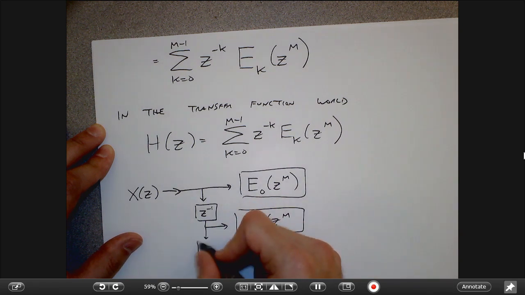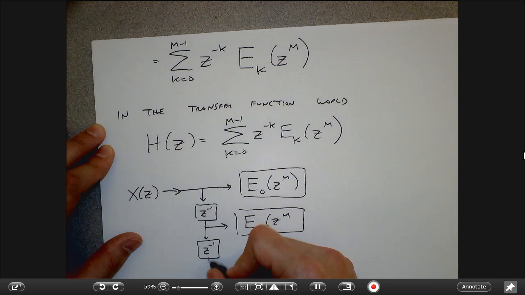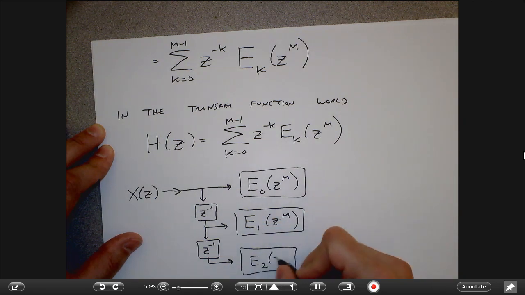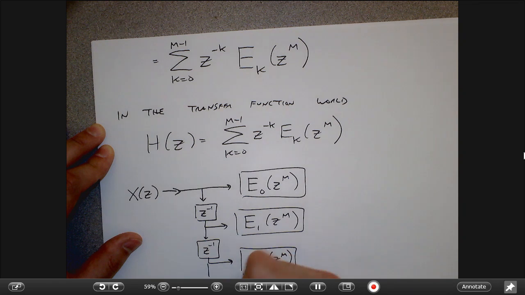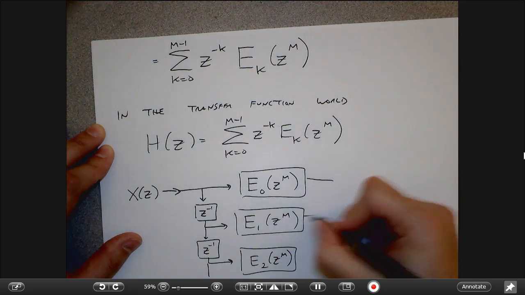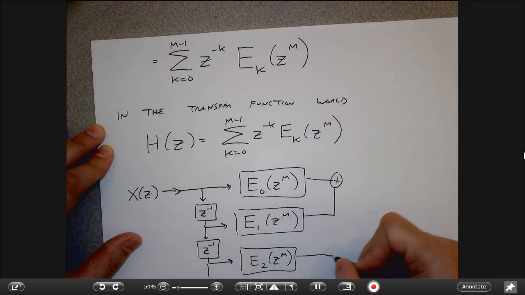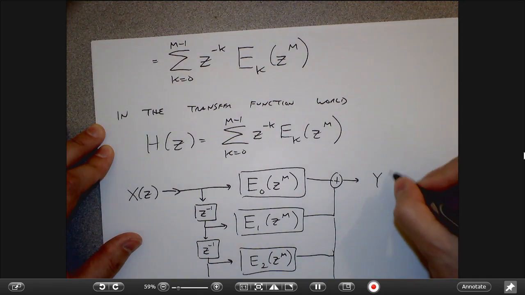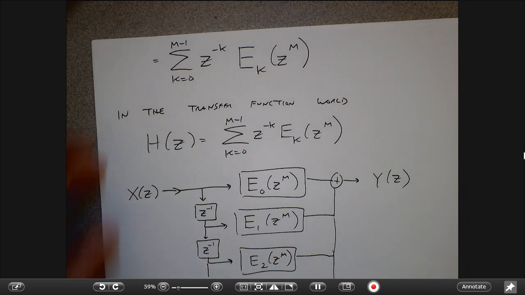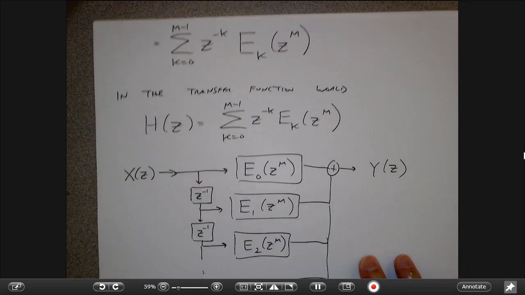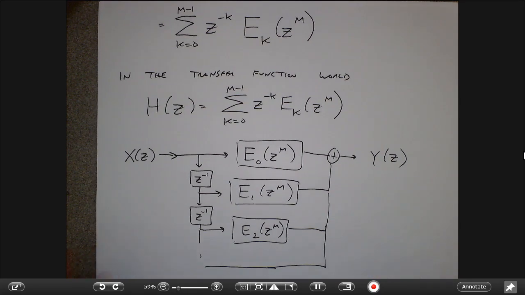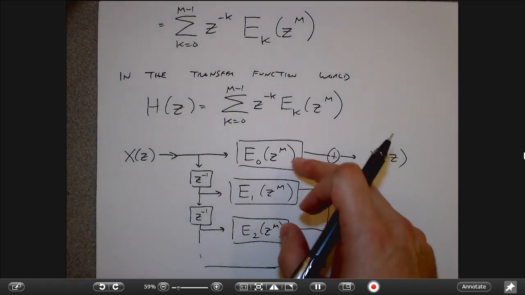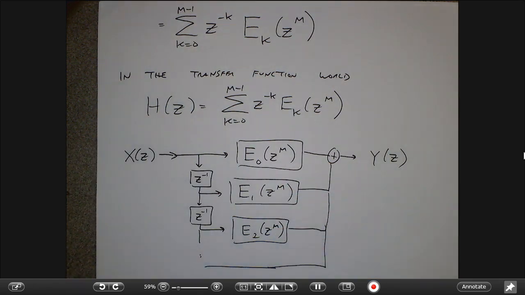Then I could delay this by 1 unit and multiply it by this guy, and so on. And then I would add all these things up to get my filtered signal, right? So this is an equivalent way of writing the Z transform. I take the Z transform apart into M easier Z transforms, right?